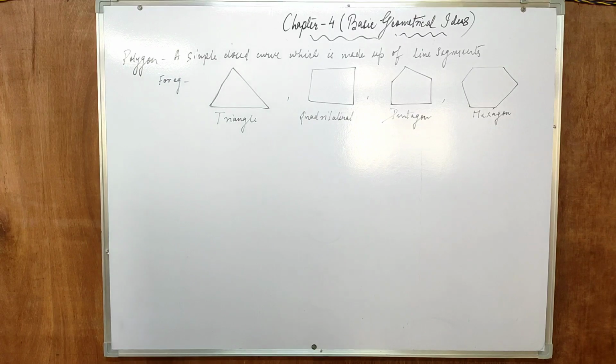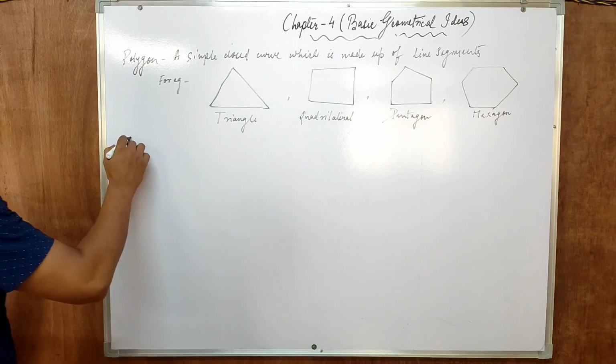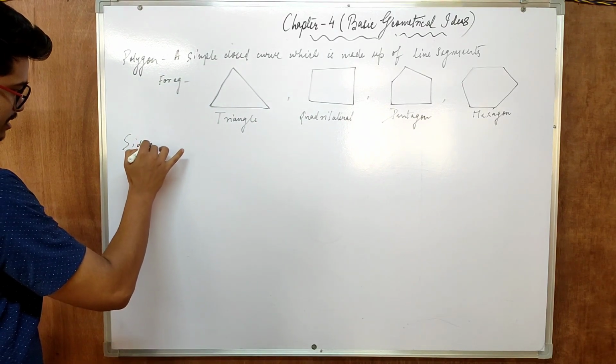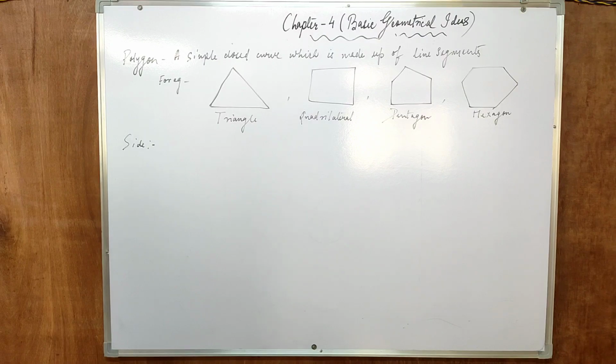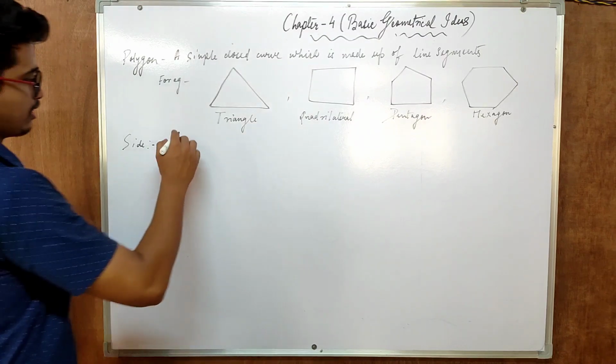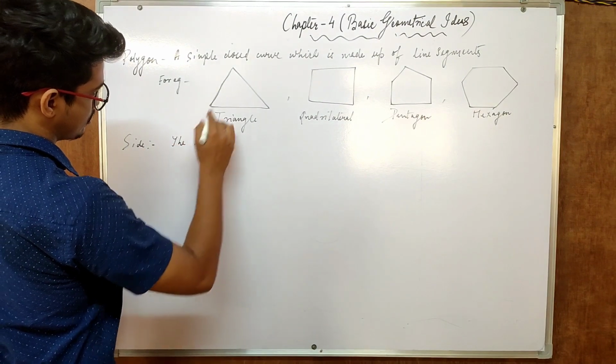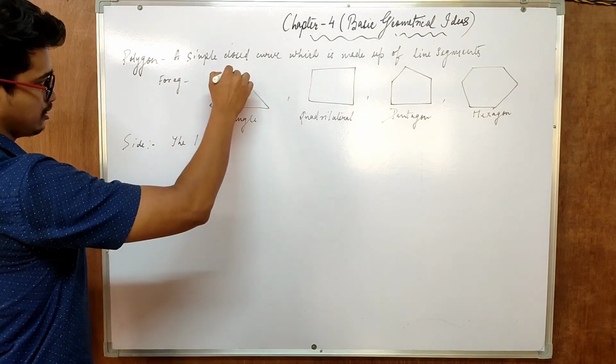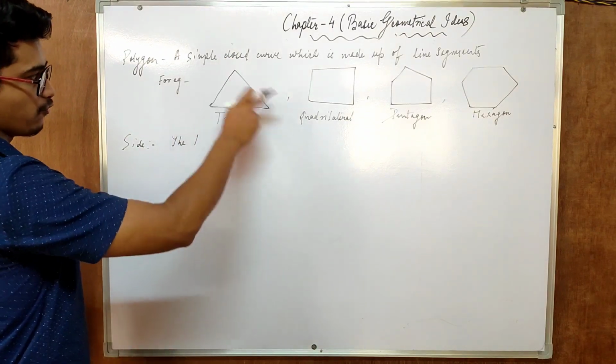Okay, after that, moving on to our next concept, which is called vertices. And before that, sides. Let me explain what exactly a side is. Sides are nothing but the line segments forming the polygon. These are the line segments which are forming the polygon.